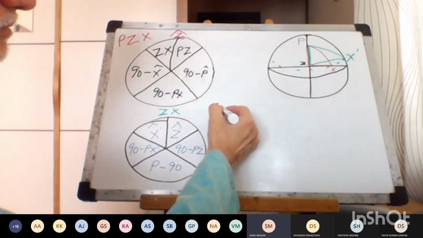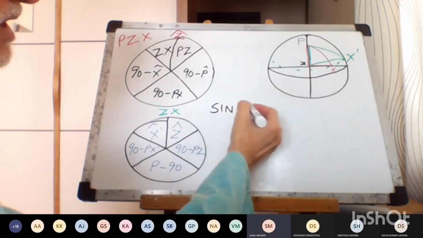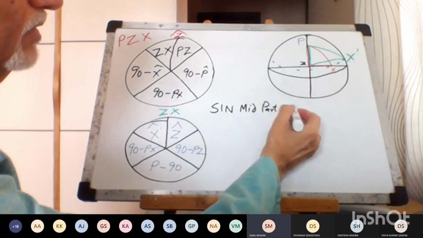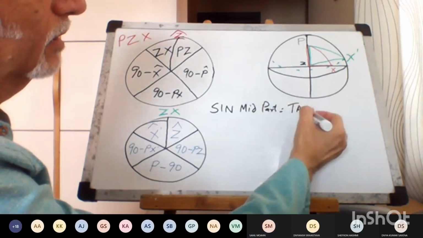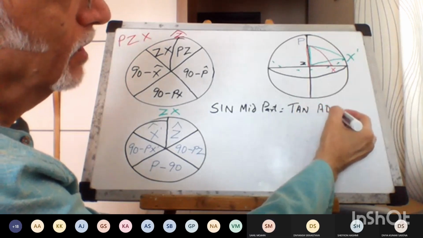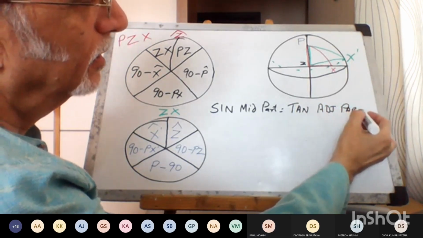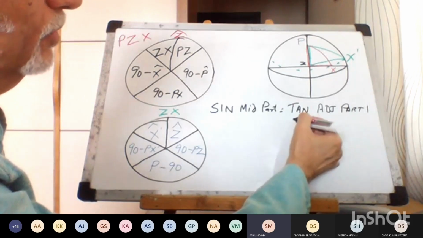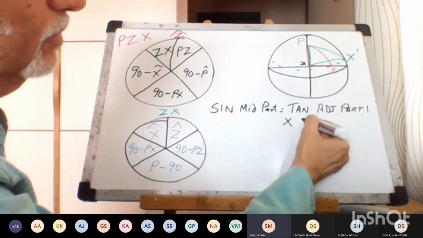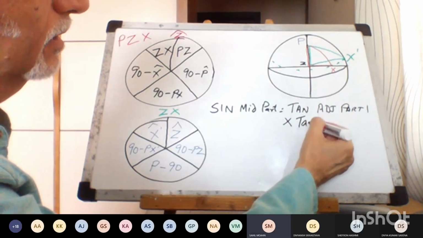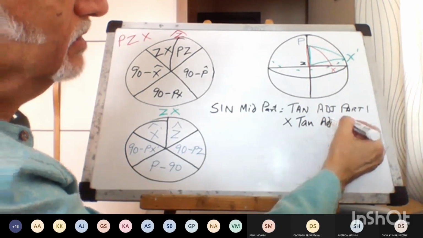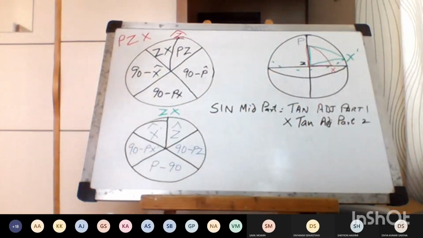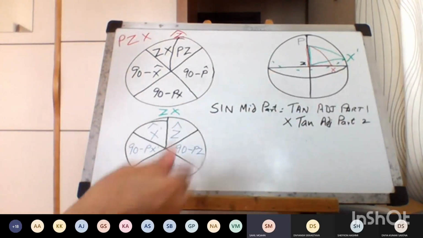Sine mid part is equal to tan adjacent part 1 into tan adjacent part 2. Am I right? Yes. This is one.